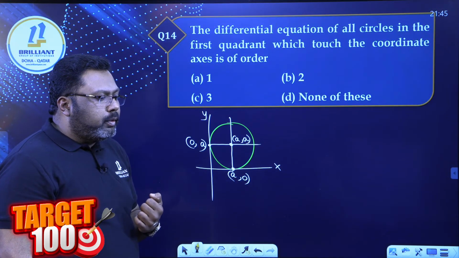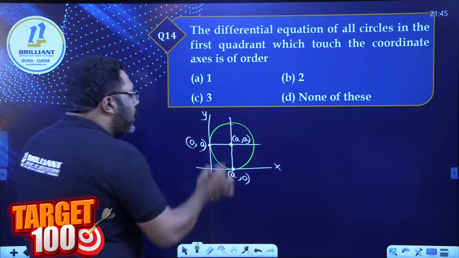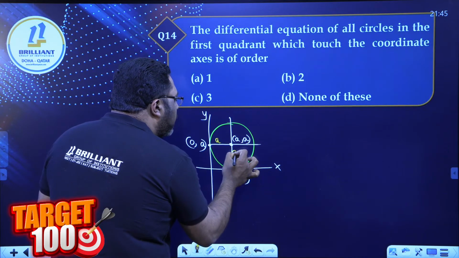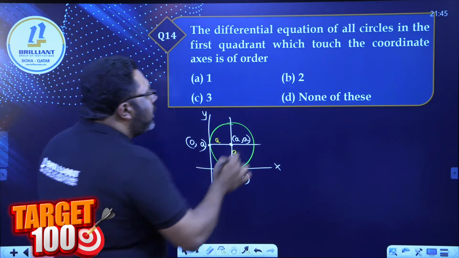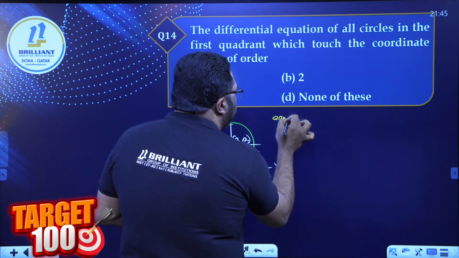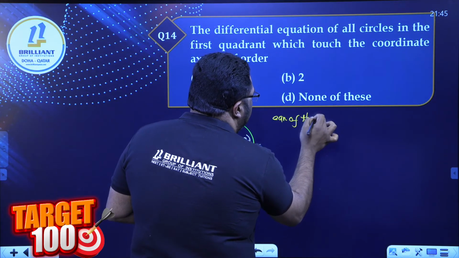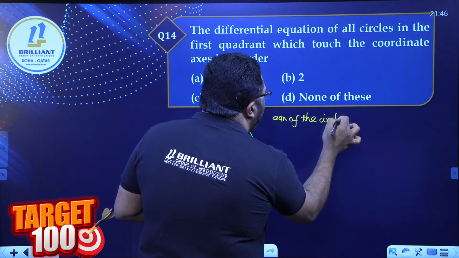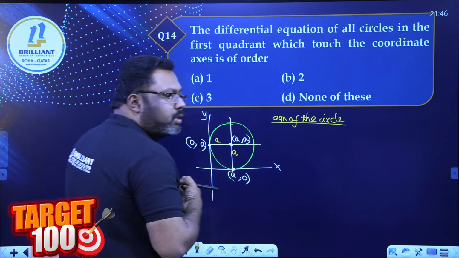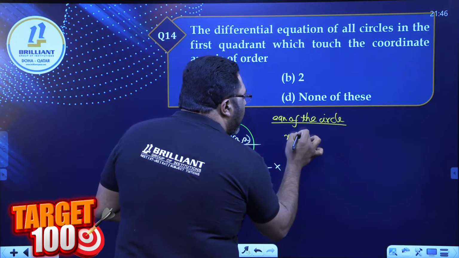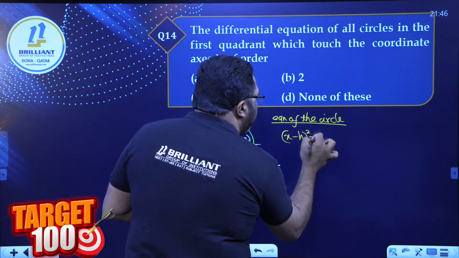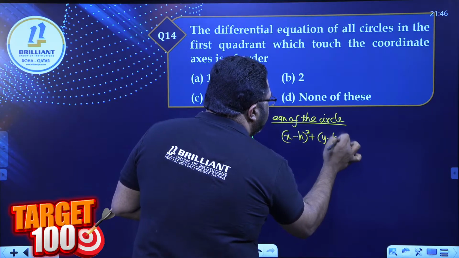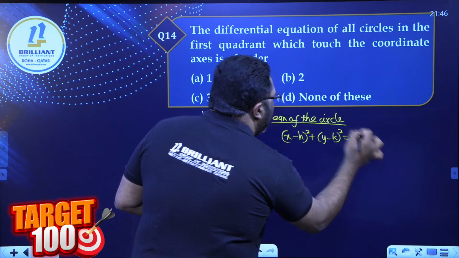Radius of the circle. Yes, right answer. That is also going to be A. So what is the equation of the circle? 11th standard. See, conics coming back. Geometrical shapes are very important for differential equations. Equation of the circle is x minus h squared plus y minus k squared equal to r squared.